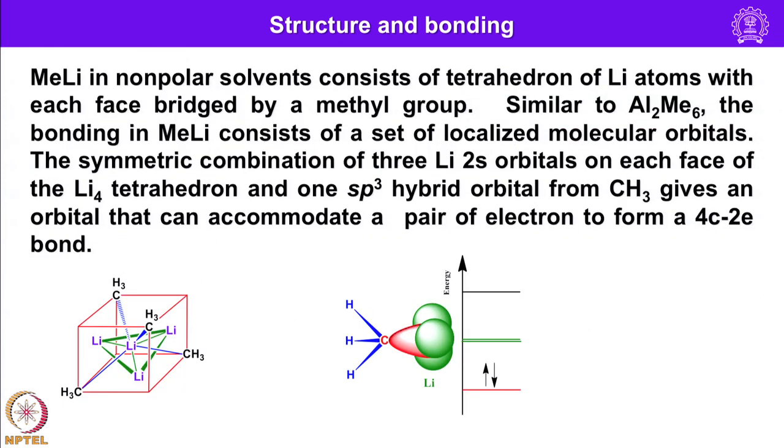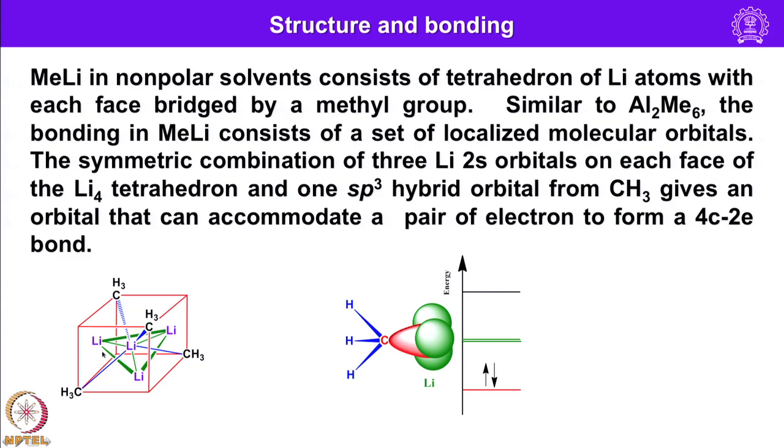Okay. So, let us look into the structure of methyl lithium. Methyl lithium in nonpolar solvents consists of a tetrahedron of lithium atoms with each face bridged by a methyl group. So, that means in a simple way one can write, although this is referred to as a cubane structure having alternate corners occupied by methyl and lithium.